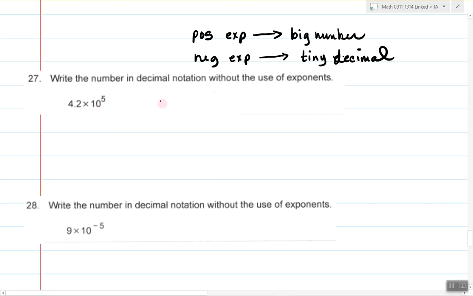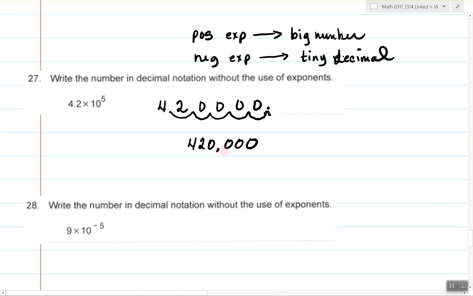So I'm going to take 4.2 and I'm going to move it 1, 2, 3, 4, 5 places to the right. I'm going to fill in with zeros. Then I'm going to rewrite the number because that is very hard to read. And let's see, it is going to be 420,000. And it follows what I said up here, that a positive exponent represents a very large number.